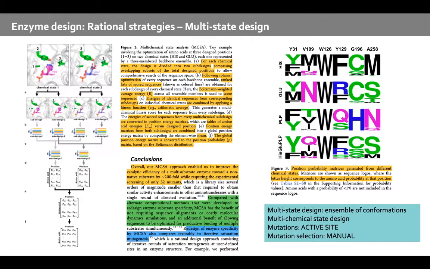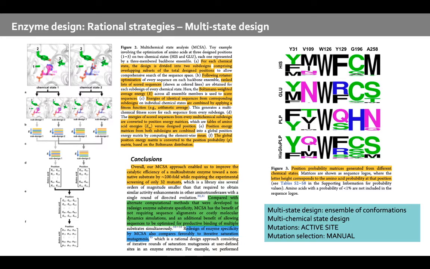If you go to the next slide, basically once they have selected which positions, you see on the right side, for example, tyrosine 31, valine 109, etc. These are the positions that were subjected to mutagenesis.